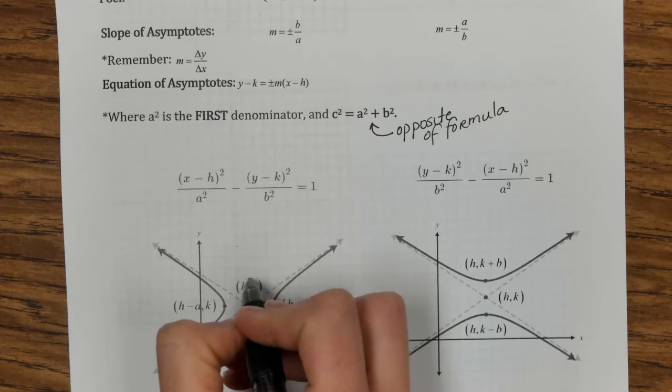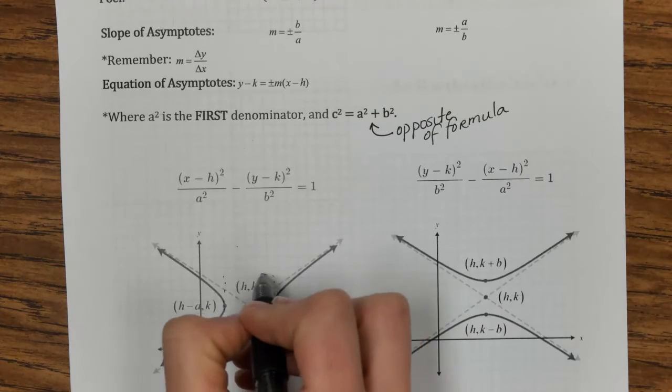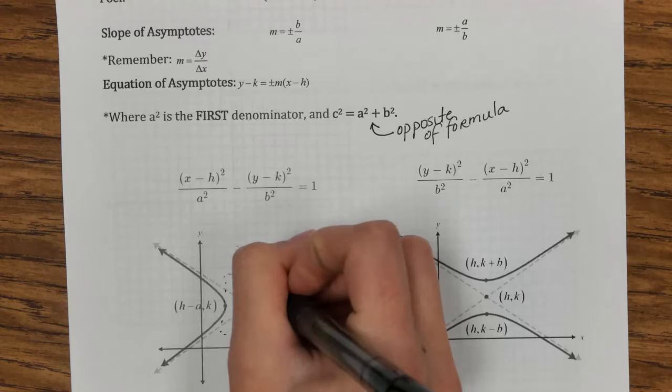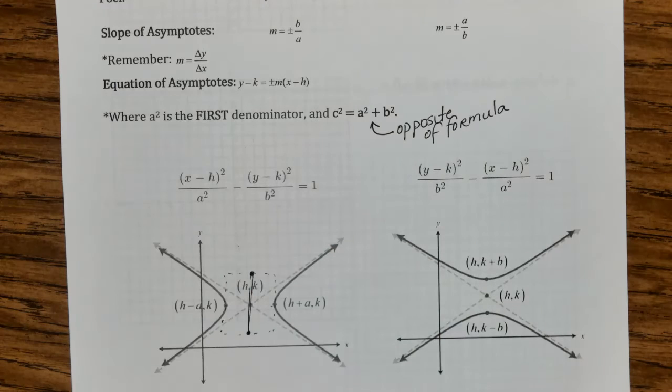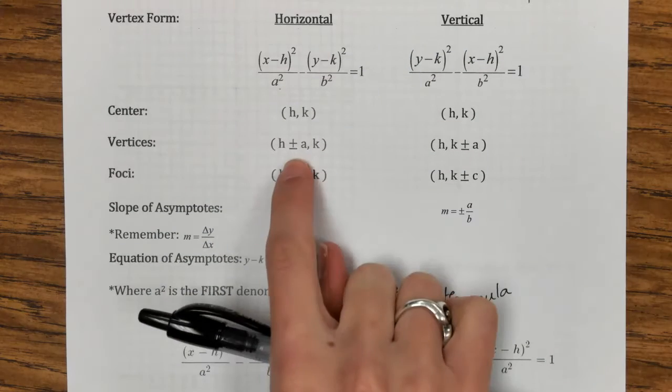Your b would be in this direction, and this is really all that it would form, like a little rectangle. And this would be your b, and that forms the conjugate axis. We're not going to talk about that though, okay? I don't believe y'all talk about that in pre-cal, so we're not going to talk about it right now, okay? So we're only going to have our two vertices.